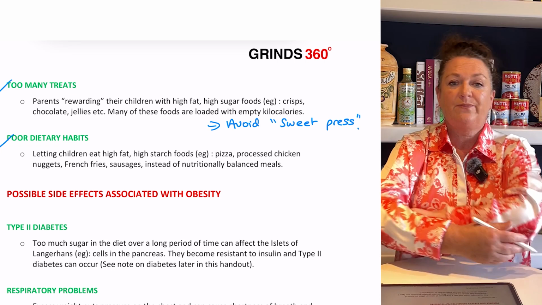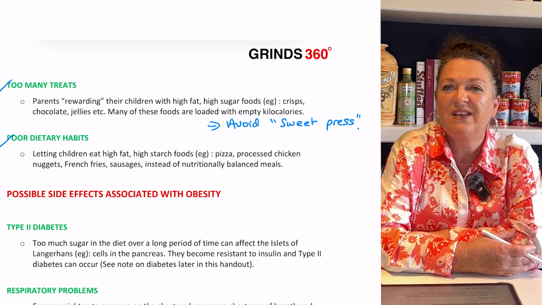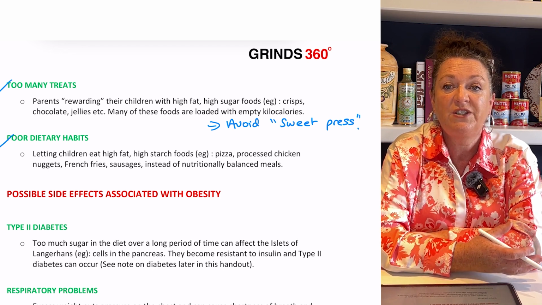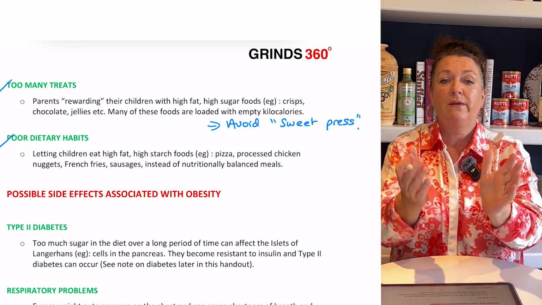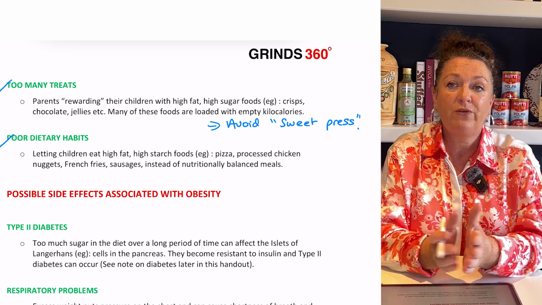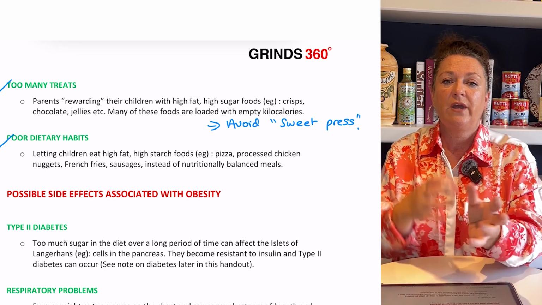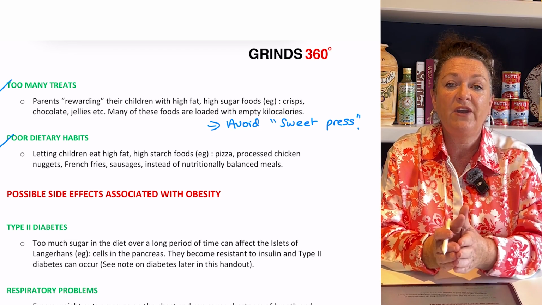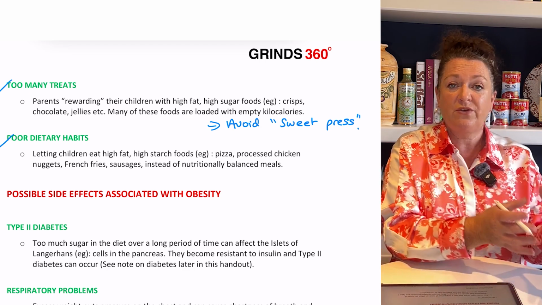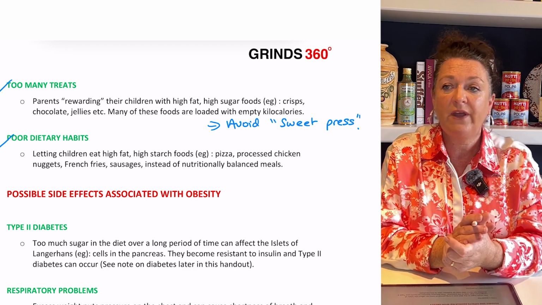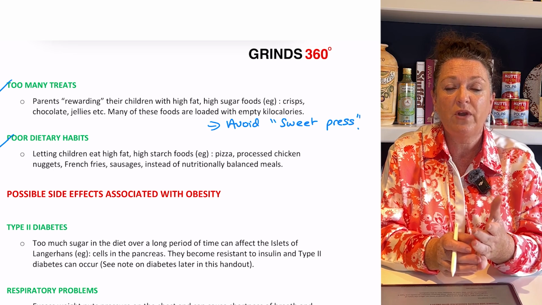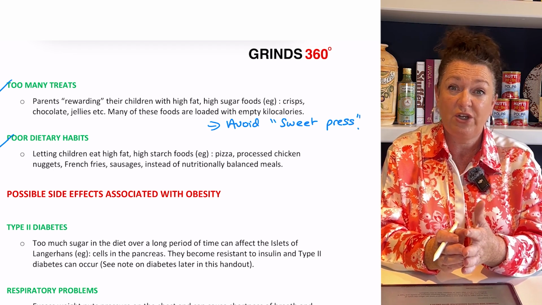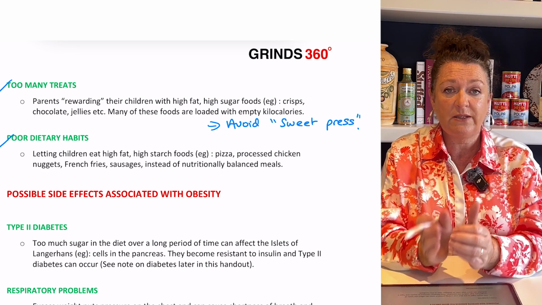Poor dietary habits. Another problem I have as well is parents who cook maybe 2 or 3 different meals for the family, whereby one parent might be on a low kilocalorie diet and they're having the healthy stir fry, and then somebody else is eating whatever, and then the children, it's to the freezer, out with the processed pizza, the waffles, the goujons that are not even chicken goujons, they're mechanically recovered meat, and so on.